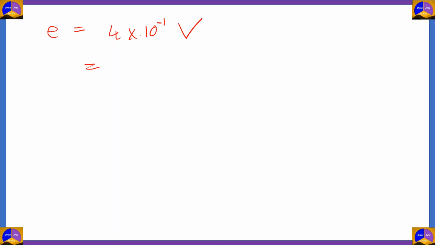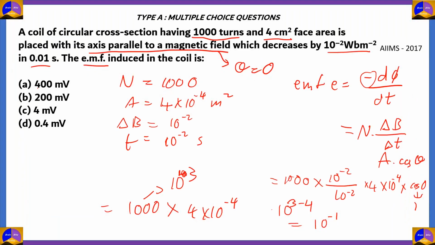So that means 4 into 1 by 10, so that is 4 by 10, so 0.4 volts. Now 0.4 volts can be written as 400 millivolts, and 400 millivolts is option A.